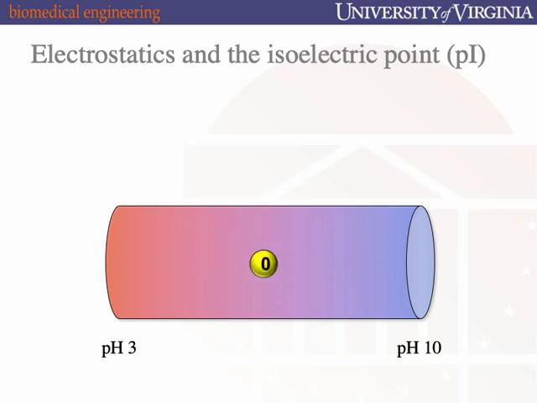Somewhere in between, there's a Goldilocks zone. There's a pH at which the positive charges and the negative charges, and their character related to their individual pKa's, offset one another, and the protein itself is electrostatically neutral. That pH at which that neutralization occurs is called the isoelectric point of a protein.